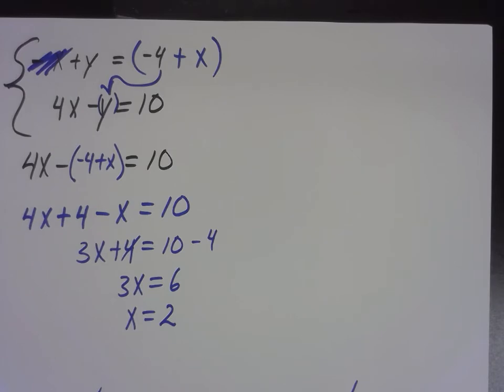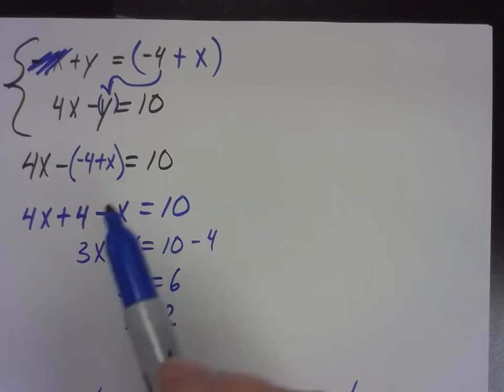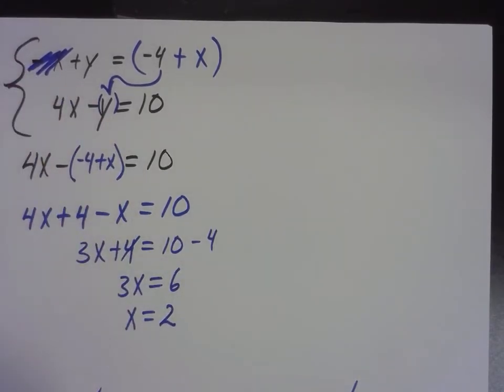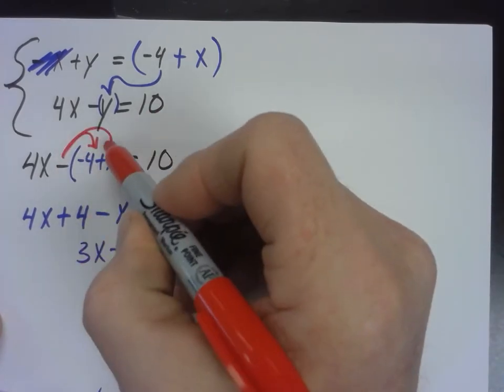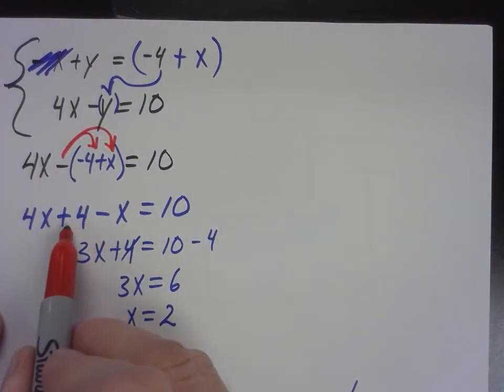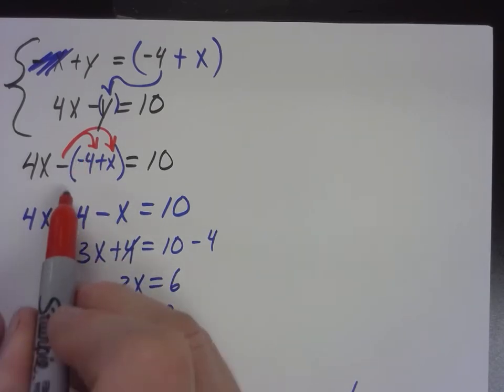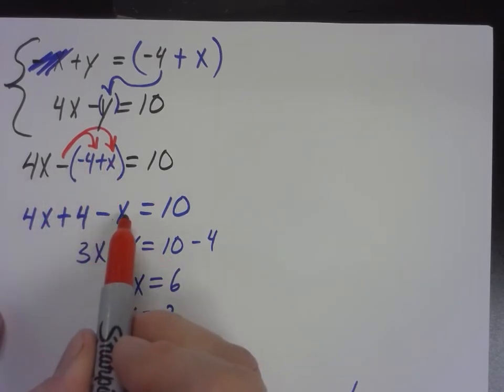So if you didn't use parentheses, or if you didn't use the distributive property right here, saying, okay, I need to subtract -4 and I need to subtract positive x, so the opposite of -4 is +4 and the opposite of x is -x, that'll get you right there, won't it?